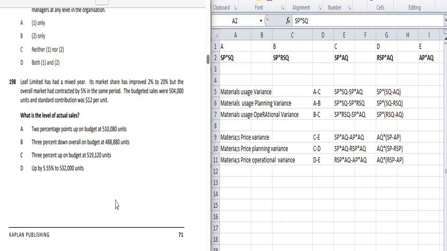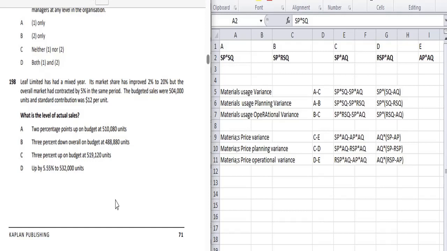One thing you have to remember is, if the question tells you market share, in that case it's a sales operational variance. Again I'm repeating, if the question tells you market share, it's an operational variance, and if the question tells you market size, then it's a planning variance.